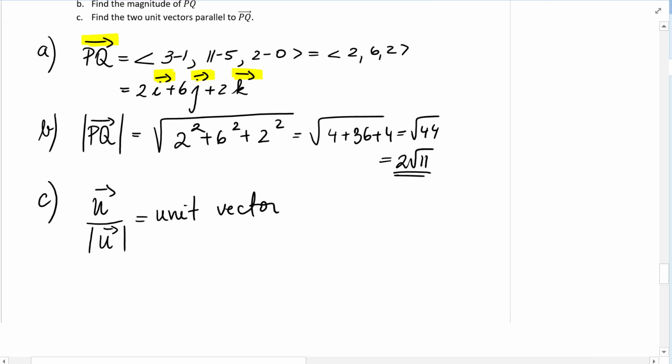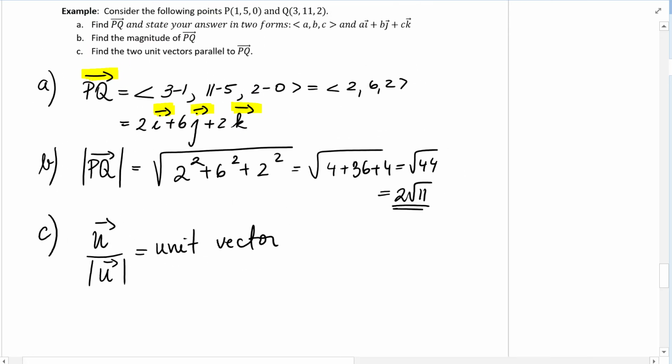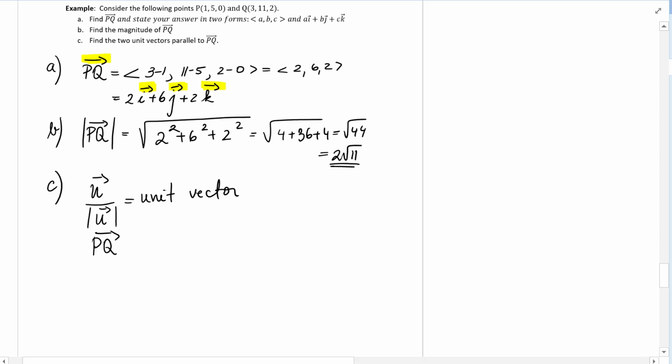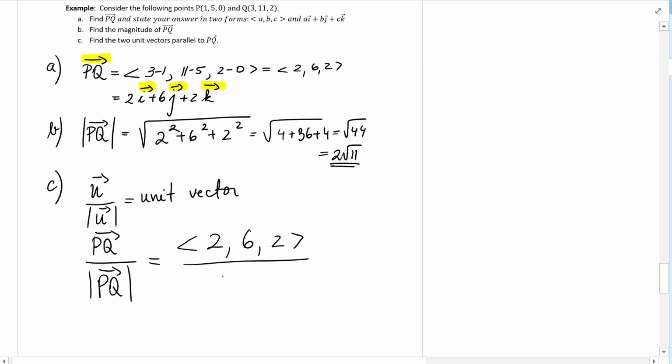So writing PQ as a unit vector would be PQ over the magnitude of PQ, so it would be 2, 6, 2 over 2 square root of 11. So we have 1 over square root of 11, 3 over square root of 11, and 1 over square root of 11. This would be a unit vector.